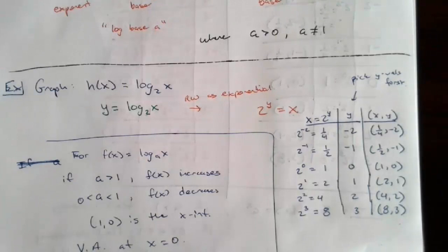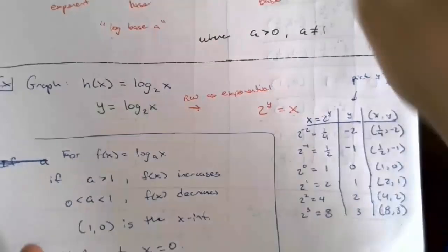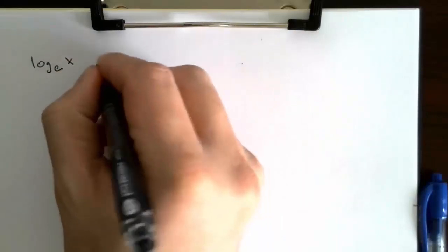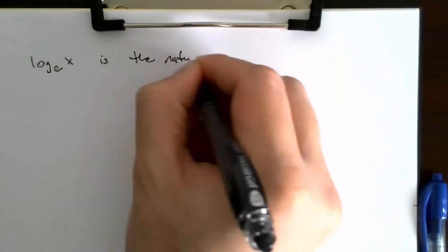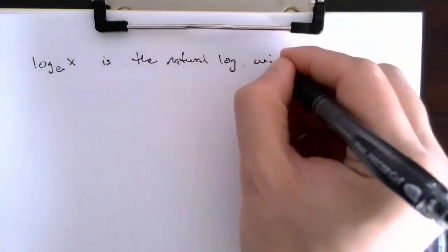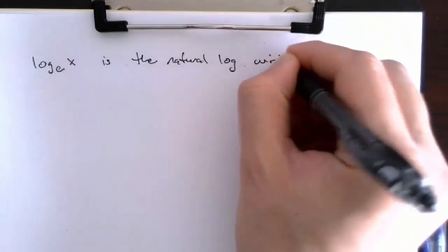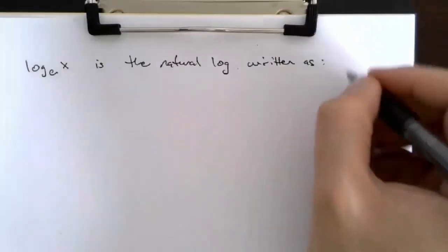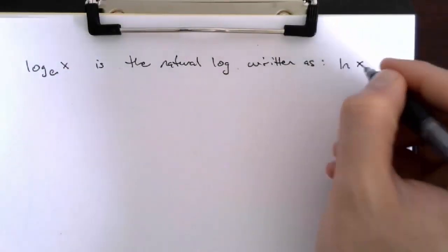Just like we had y equals e to the x earlier as the natural base, we can have logs that have a natural base. The natural base for log is base e. So we use a shorthand notation for that. Log base e of x is the natural log, and we write that as ln of x.